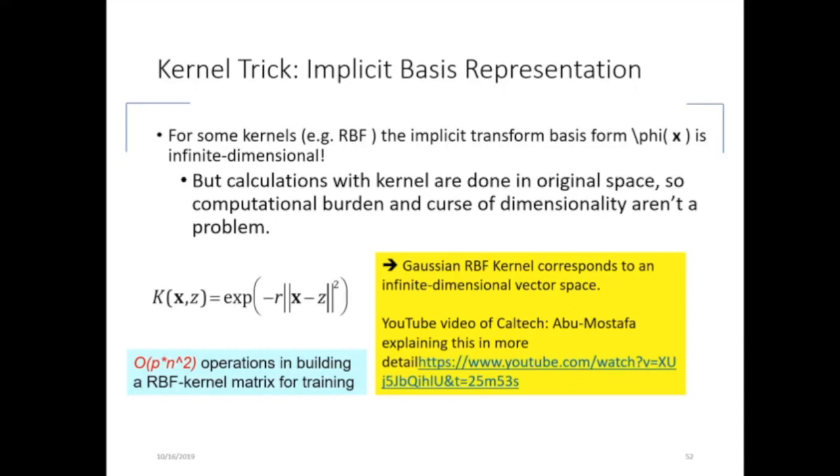For each K(x_i, x_j), it needs O(p) cost, and then you need to do n-quadratic such pairwise computations among all the samples, this sample versus all the other samples. All right, any questions about this? So again, O(n²).